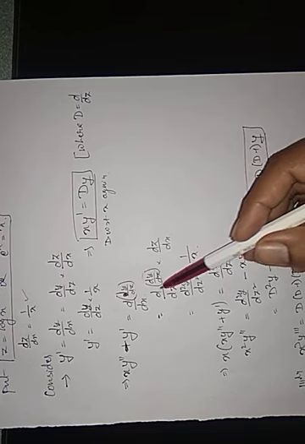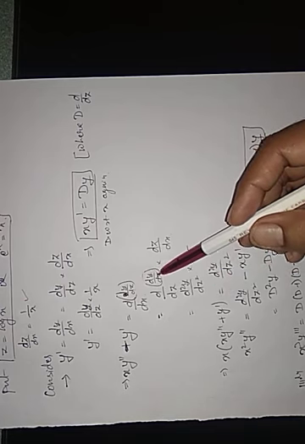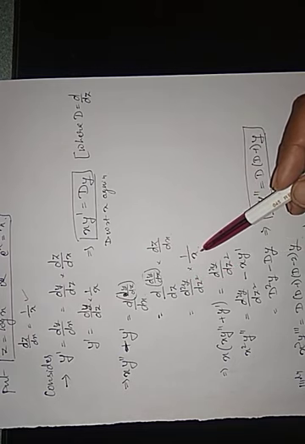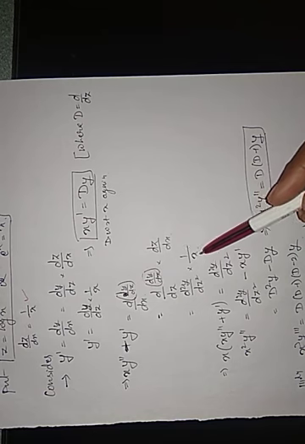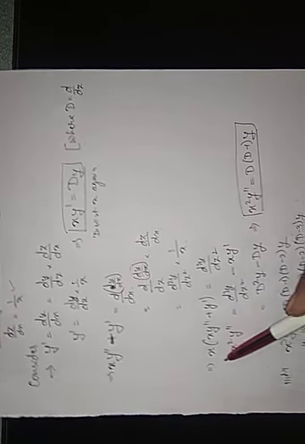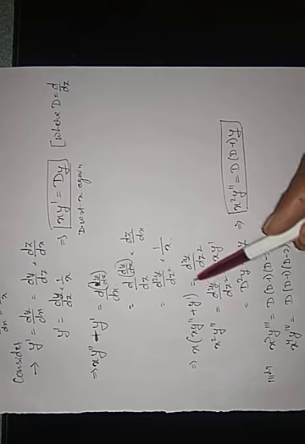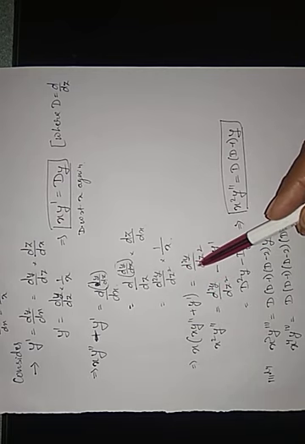Therefore d by dz of dy by dx will become d square y by dz square, and dz by dx is 1 by x. Substituting, then shifting this to the left hand side, x into (x y double dash plus y dash) equal to d square y by dz square.